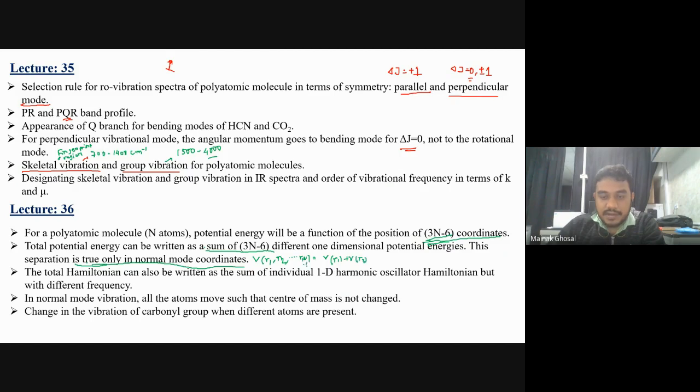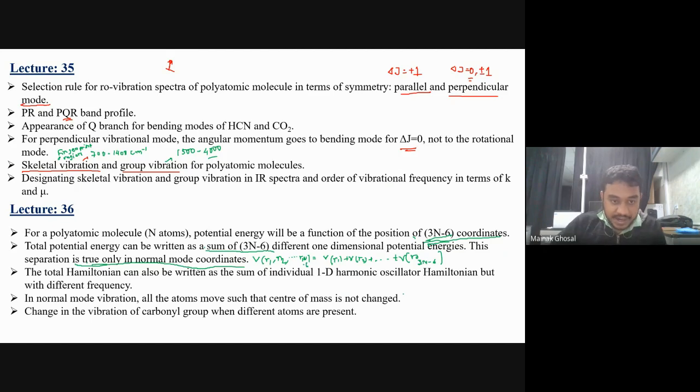This will be 3n minus 6 because I have said 3n minus 6 vibrations will be there. So I can write the total potential of the system in terms of every single one-dimensional potential energy.